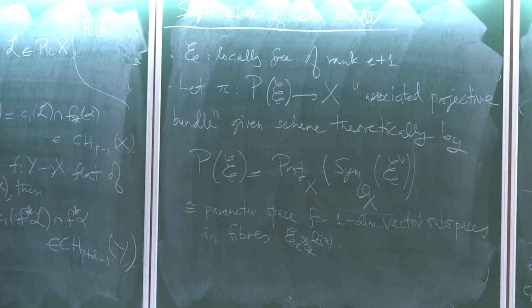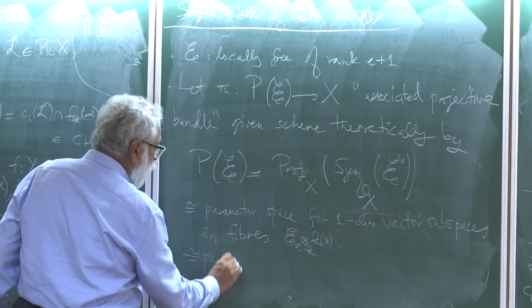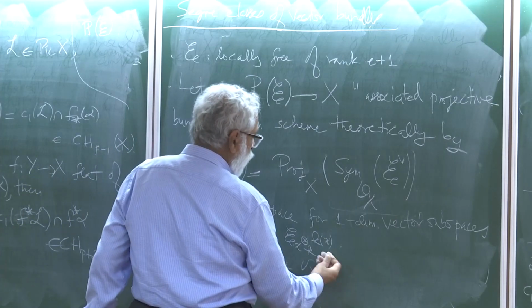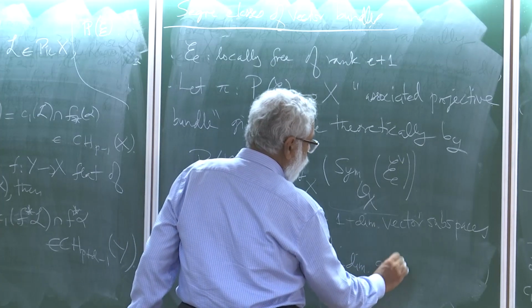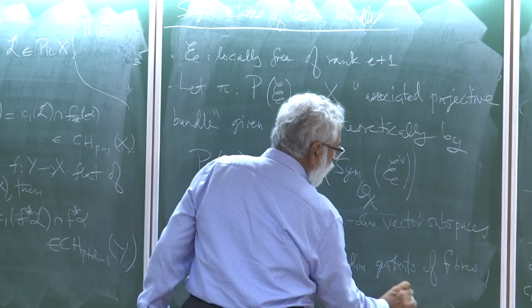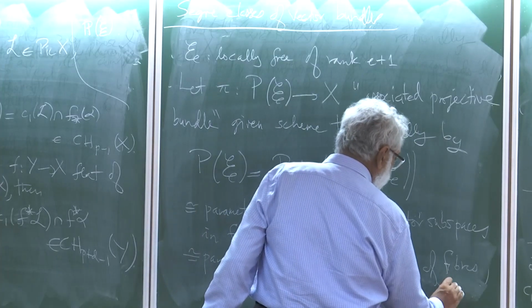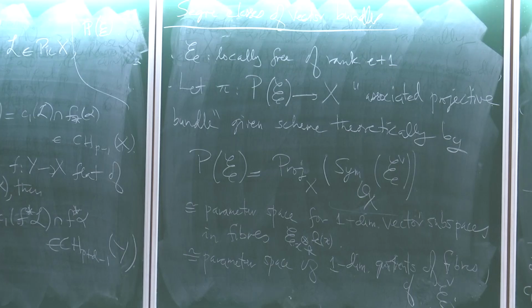So I have the space of lines in that vector space, the space of one-dimensional vector subspaces inside that, which is also isomorphic, of course, to the parameter space of one-dimensional quotients of fibers of script E dual. To give a one-dimensional subspace of a fiber of E is the same as to give a one-dimensional quotient space of the dual.